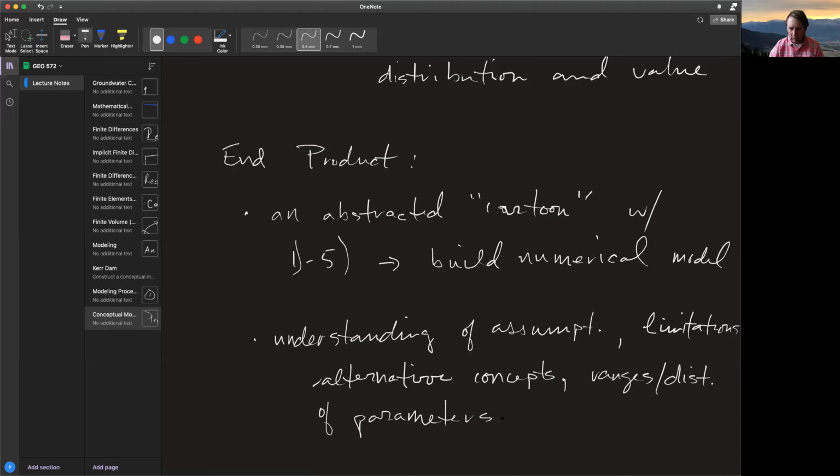This is this idea that uncertainty in our model is included from the very beginning, including in our conceptualization.